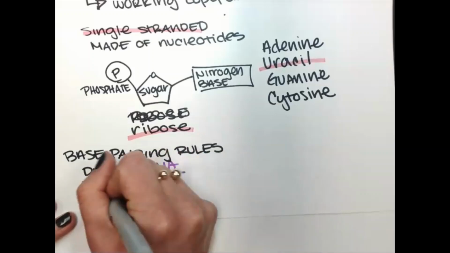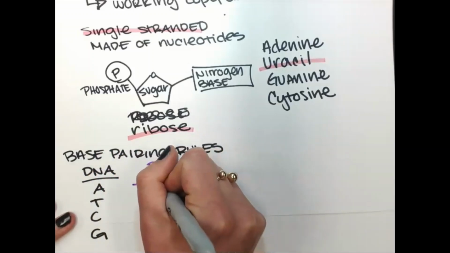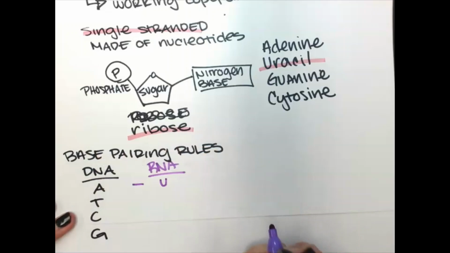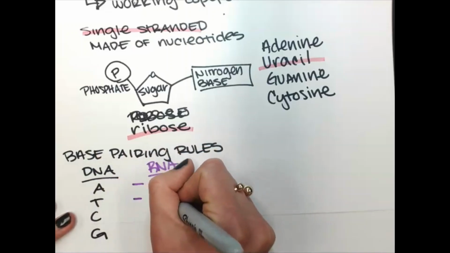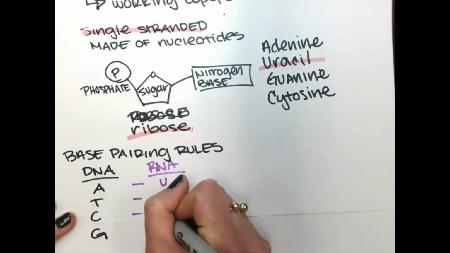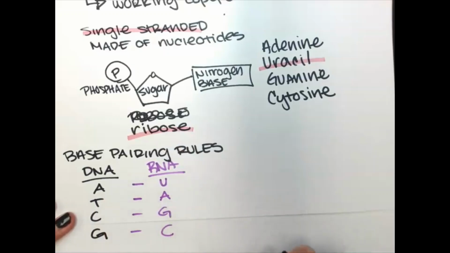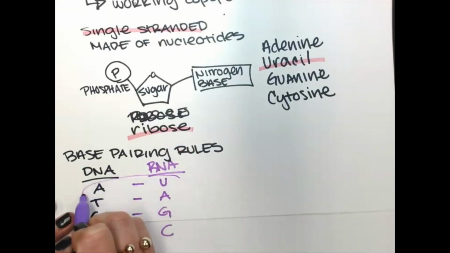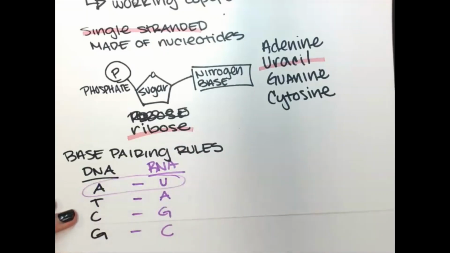So there's no T to go with the A. It will base pair a U to an A. T still goes to A, C still goes to G, G still goes to C. So this is going to be your main difference. So I always remember AU, like AU guys. But again, anything you can do to remember that that's going to be the difference is going to be useful.